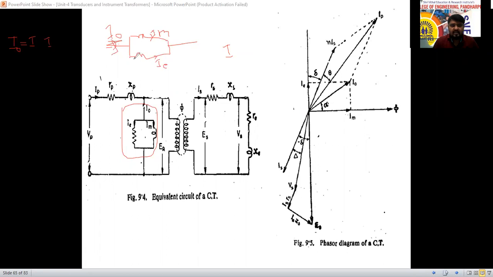If any parallel circuit is there, up to here it is I naught. At this point, some current will flow here, some current will flow here, and again they will join together and produce the I naught. So can I write I naught equal to IM plus IE? You can write like this. Yes or no? Yes.